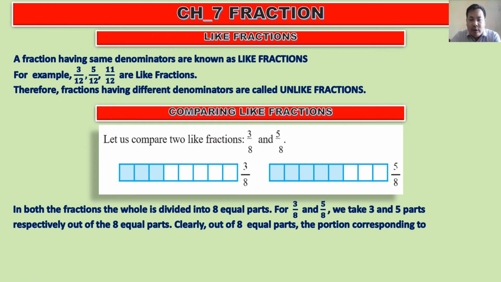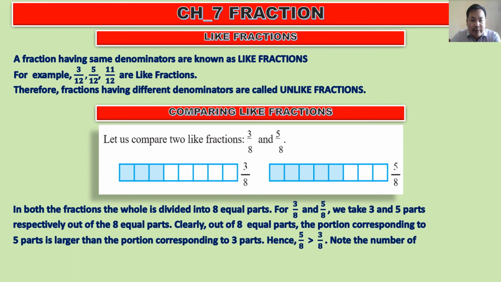Clearly, the portion corresponding to 5 parts is larger than the portion corresponding to 3 parts. Hence, 5 by 8 is greater than 3 by 8. So when the denominators are the same, we compare the numerators, and the bigger the numerator, the larger the fraction is in like fractions.